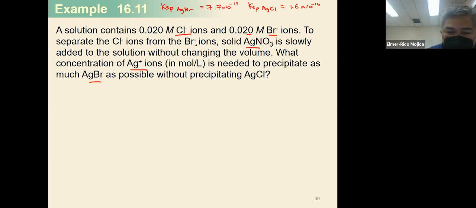So how much of the silver ions do we need to precipitate? Let's say we have this value. KSP is equal to silver ion times bromide. Which one do we know here? We know the KSP is given and we know the bromide. So all we need to do is divide both sides by bromide and then substitute the given value.